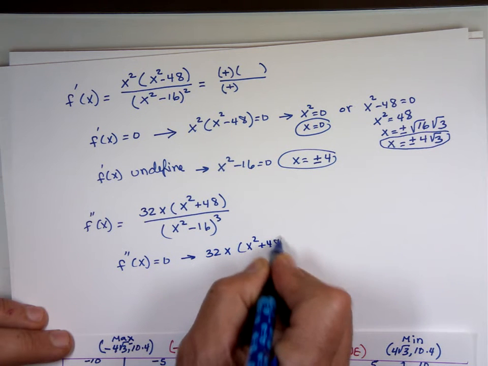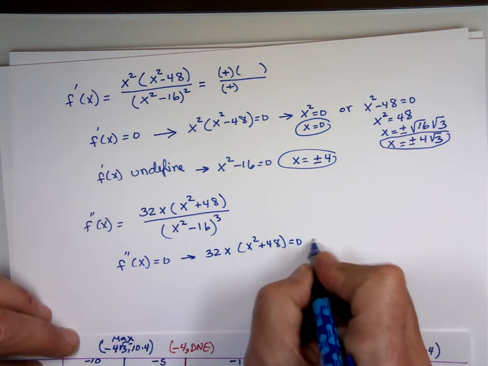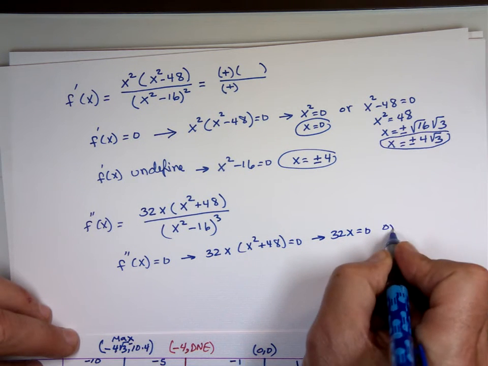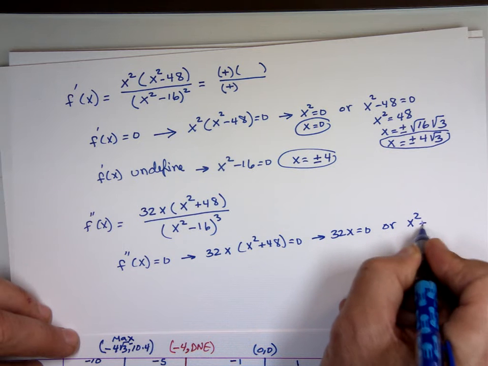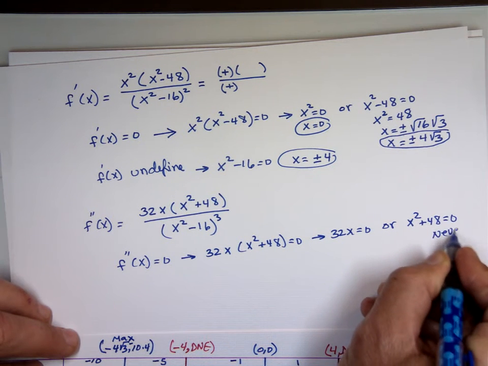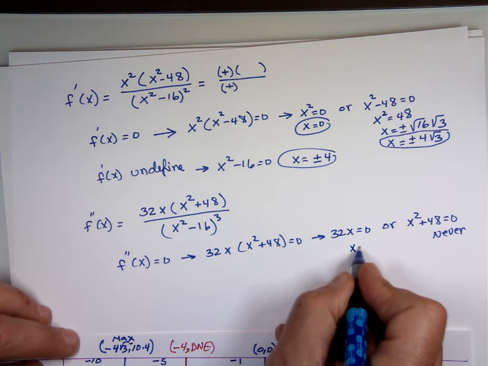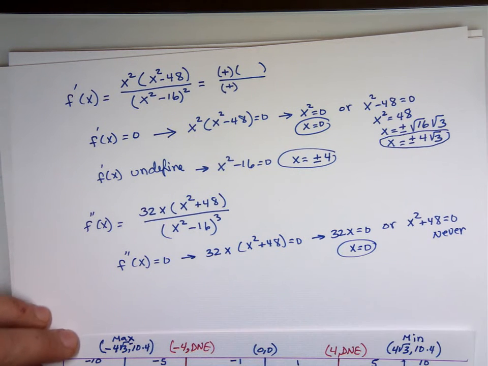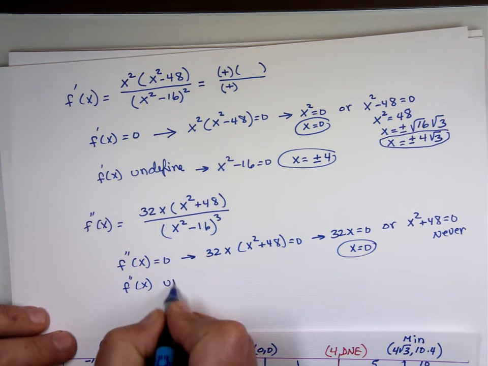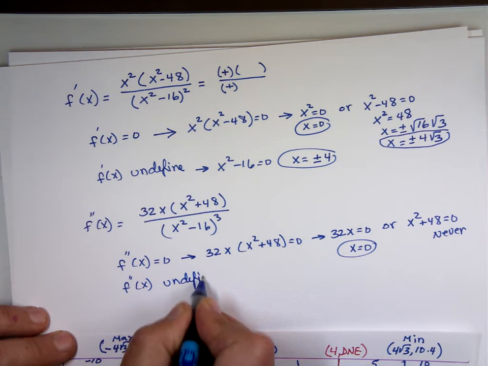There's only one possibility, or when x squared plus 48 is 0. This will never be 0. This one, when x is what? 0. And when is the second derivative undefined? Still at plus or minus 4.